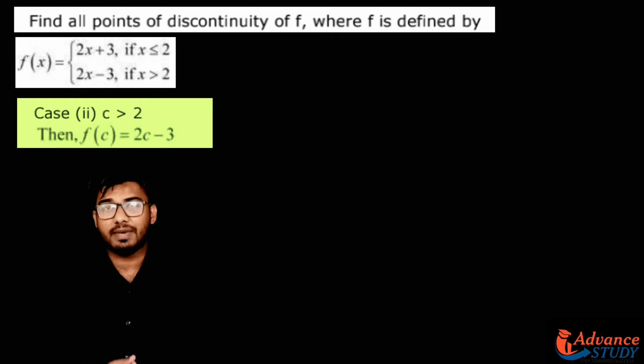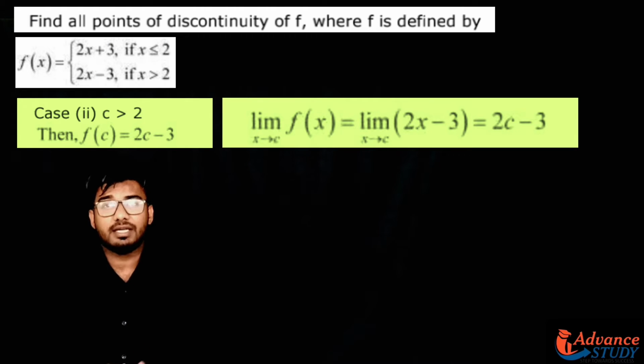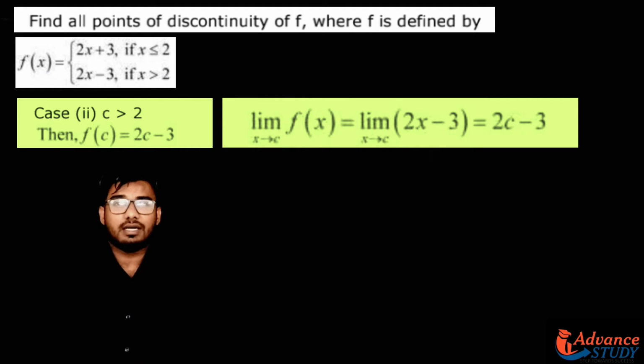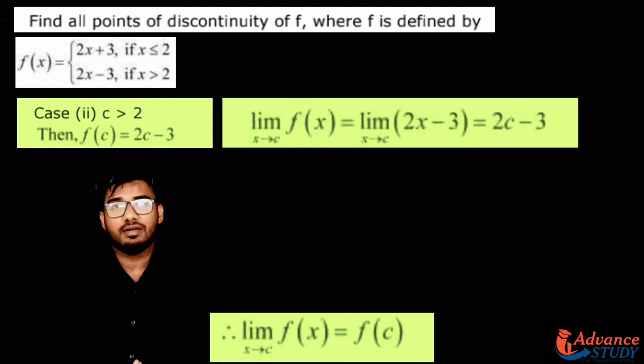So limit x tends to c, f(x) equal to limit x tends to c, 2x minus 3, that is 2c minus 3. I hope you understand. So limit of f(x) is equal to f(c), that is also continuous.